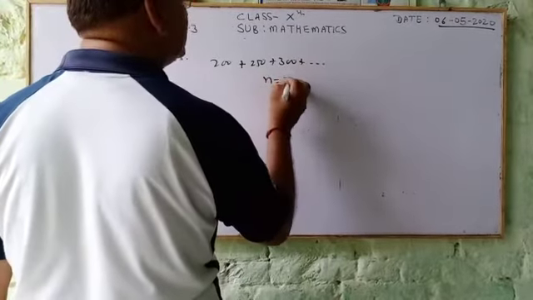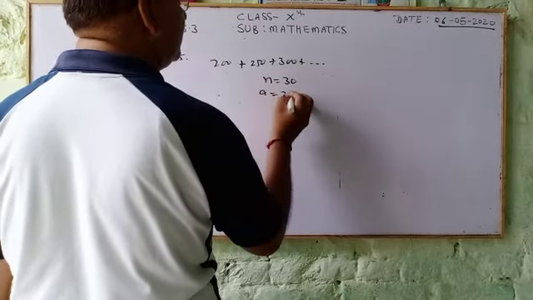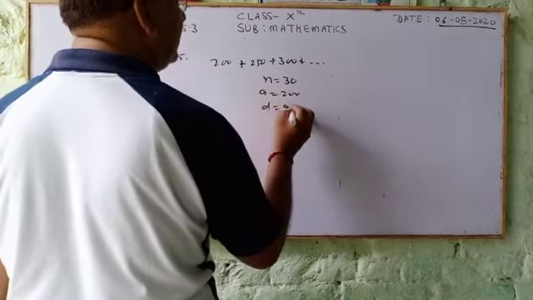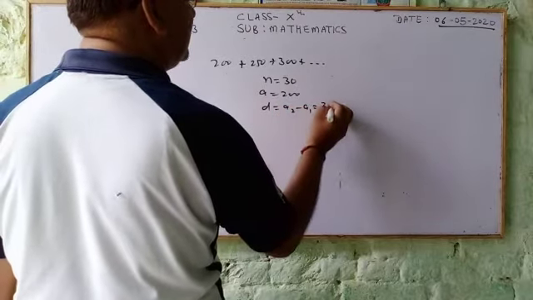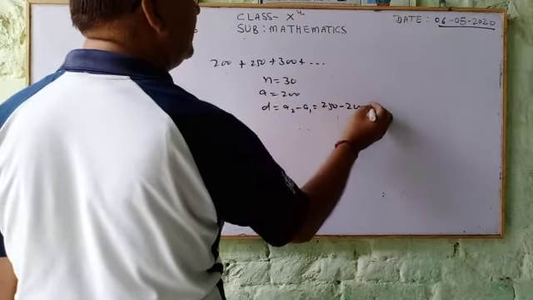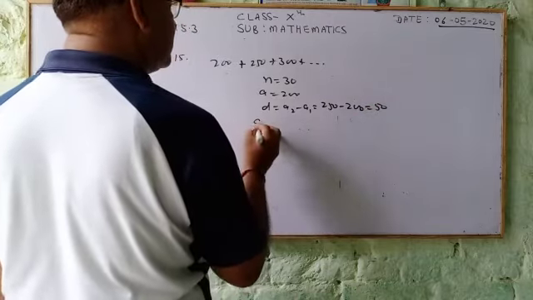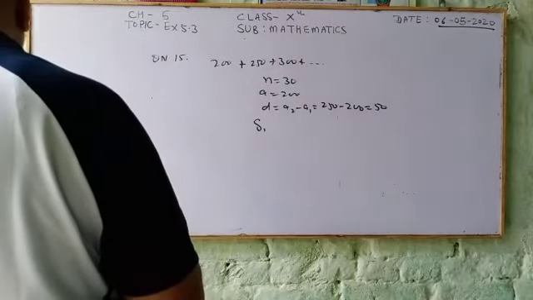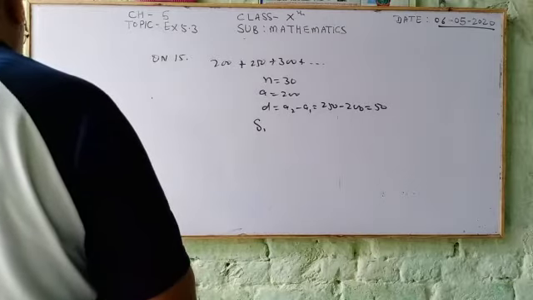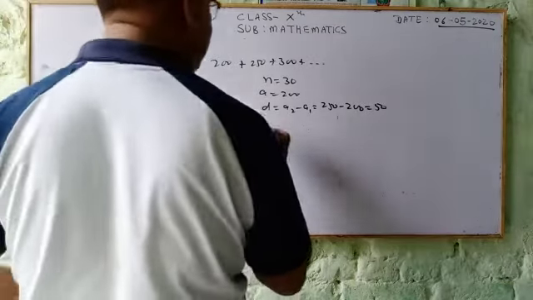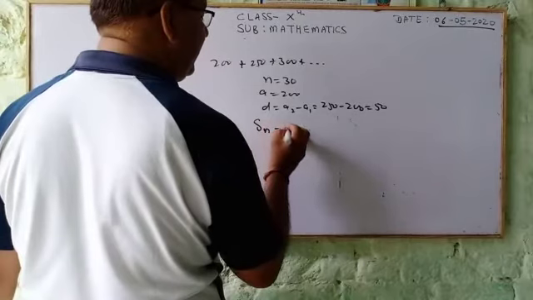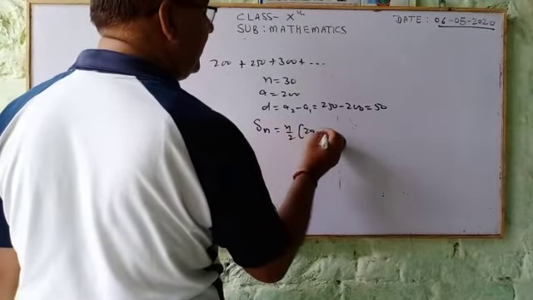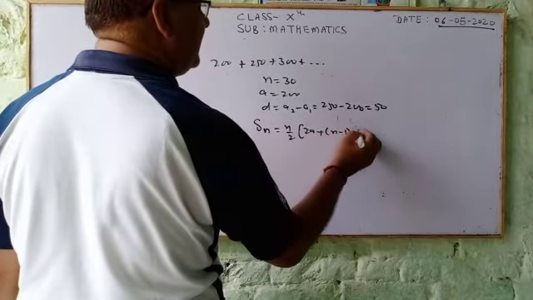So n equal to 30, a equal to 200, and d equal to a2 minus a1, that is 250 minus 200 equal to 50. So find out Sn: in 30 days, how much money the contractor has to pay as penalty for the delay. So Sn equal to n by 2 into 2a plus n minus 1 into d.